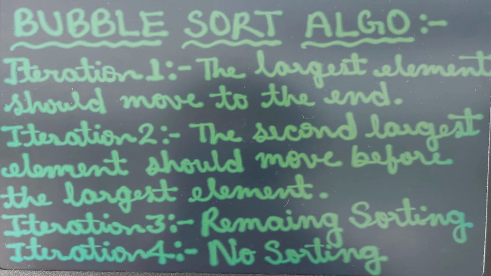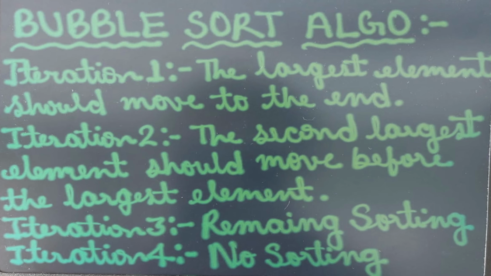Loop iterates through the remaining unsorted elements. In iteration 4, no sorting is done. In bubble sort algorithm, the loop confirms that no further swaps are needed as array should be already sorted after iteration 3. In all 4 iterations, we start at the beginning of the list or array.